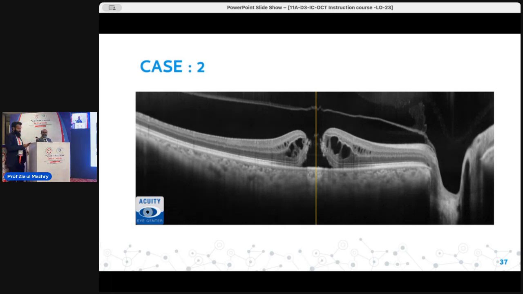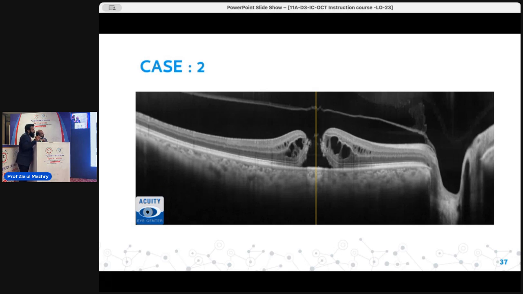So जो मैं आपको थिंकिंग प्रोसेस कह रहा था, this is an OCT scan showing which area? Macular area. What's the pathology? Where is the pathology? Is there a pathology? Yes.